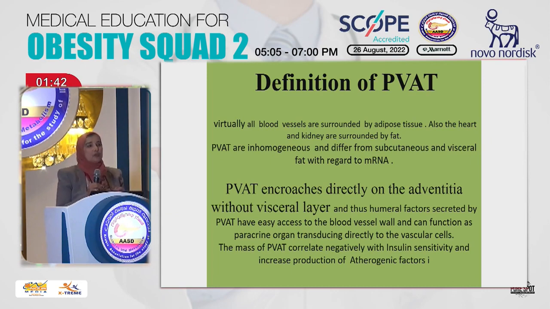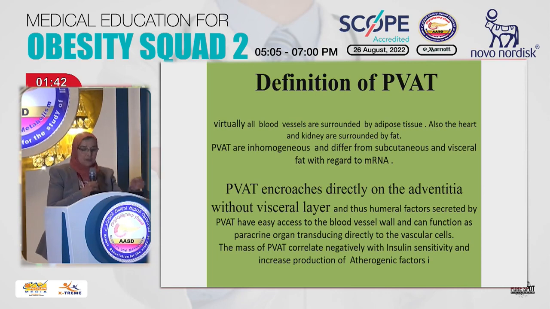We are talking now in cardiology about this important item, and virtually all blood vessels are surrounded by adipose tissue. Also, the heart and kidneys are surrounded by fat. The perivascular fat is inhomogeneous and differs from the subcutaneous and visceral fat with regard to messenger RNA, and it encroaches directly on the adventitia without a visceral layer.